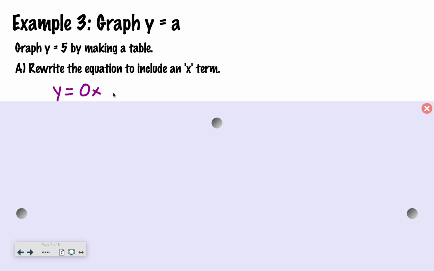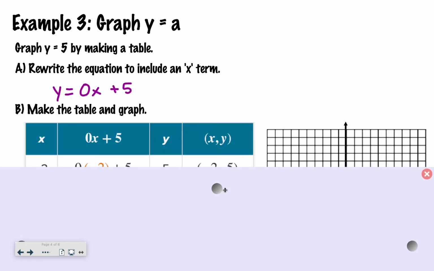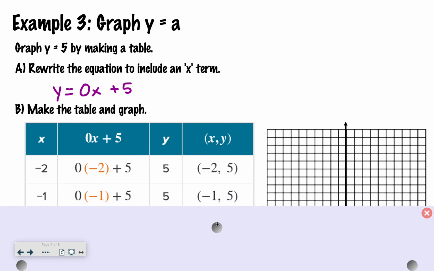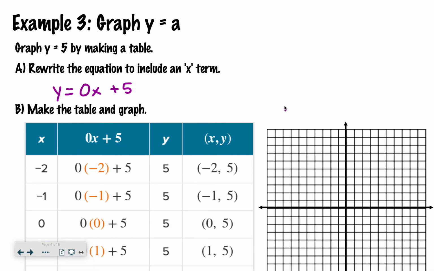Okay, so then if we were to make a table and graph it, if I plug in a -2, 0 times -2 is 0, plus 5 is 5. And then I'd have -1. 0 times -1 is 0, plus 5 is 5. And I keep going.